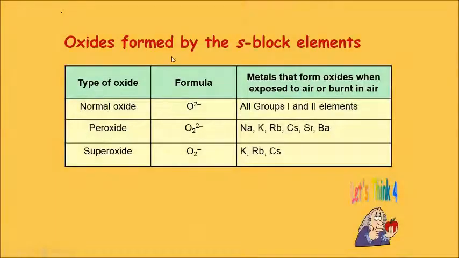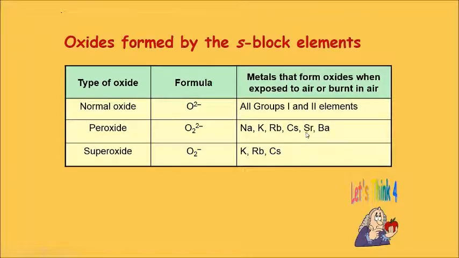The oxides formed by the S block elements are normal oxides, that is O2 minus. All the groups of first and second group elements can form the normal oxides. Peroxides form in which elements? Sodium, strontium and barium.